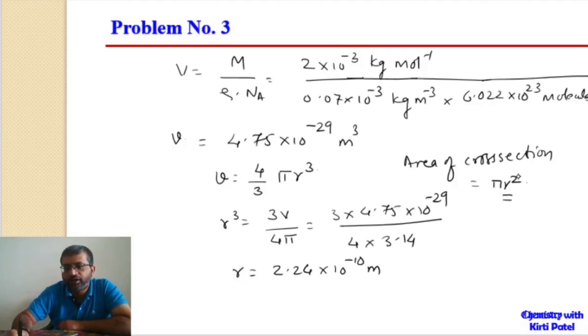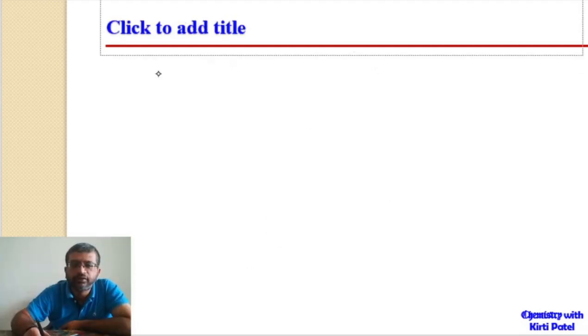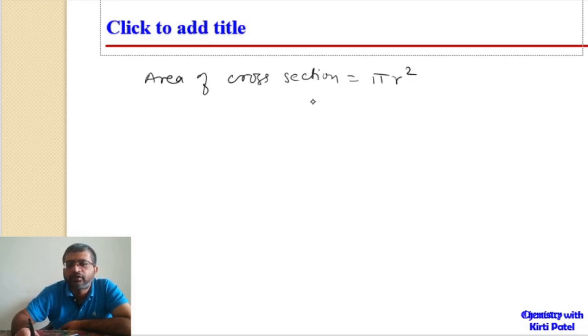Now if we substitute this in this particular formula, we can get R square. Pi r square, this area of cross section will be sigma.